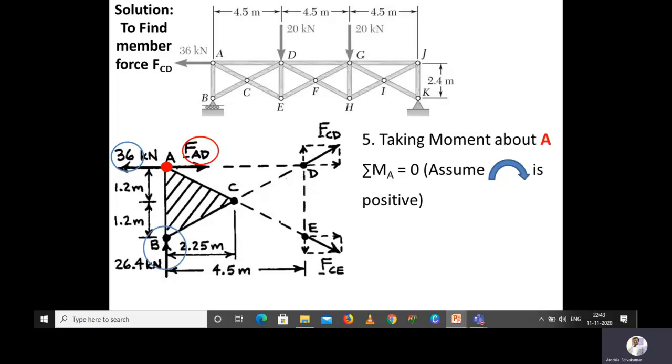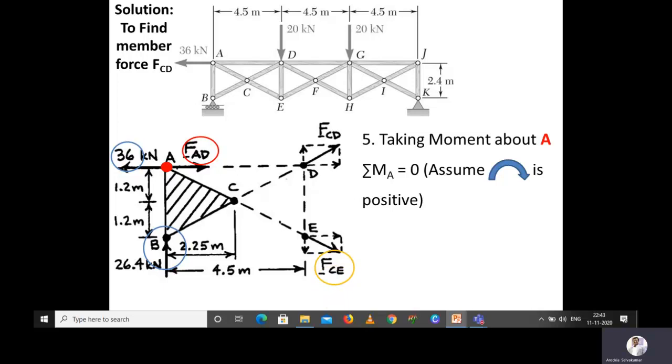We have a force at point B, 26.4 kilonewton. This force can also be transferred to point A, since it lies on the same line of action, as per the principle of transmissibility. So the perpendicular distance is 0, and the moment due to 26.4 kilonewton is also 0.